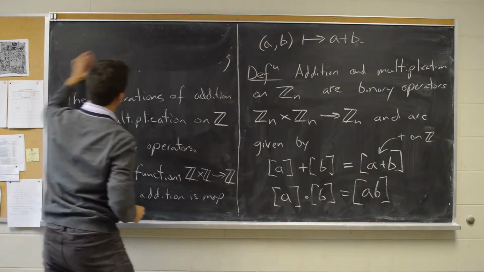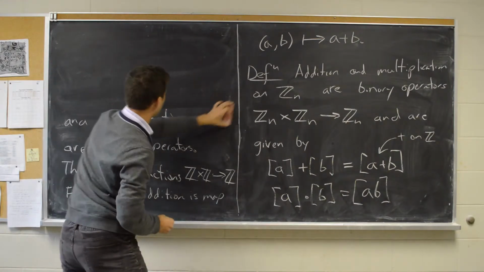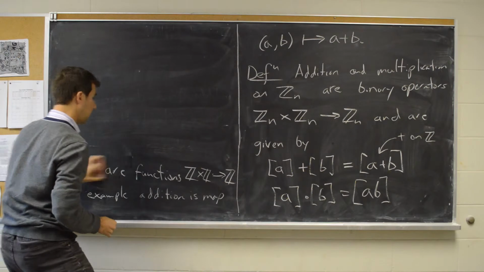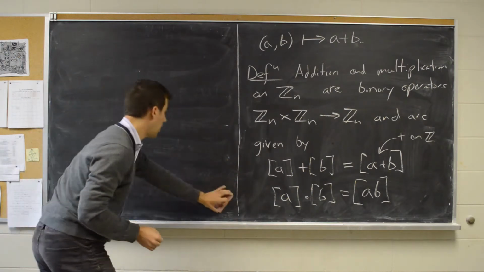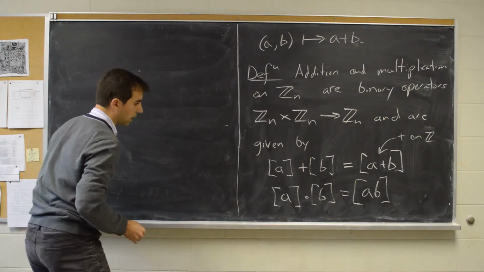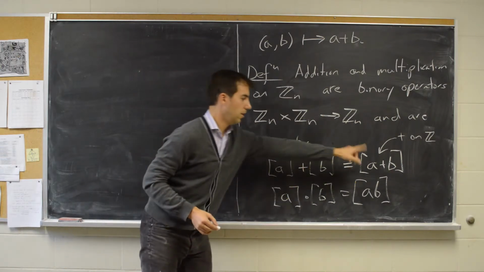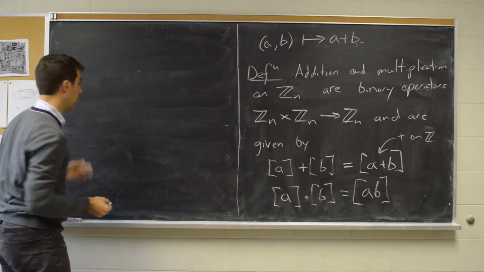And so this is what I mean by the addition and the multiplication of integers telling us how the addition and multiplication of congruence classes works. You want to add congruence classes, you have to add the integer representatives.